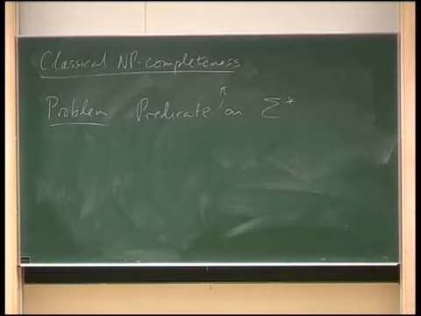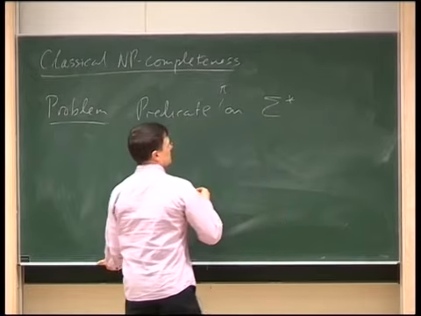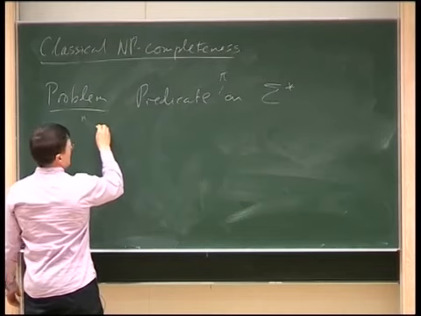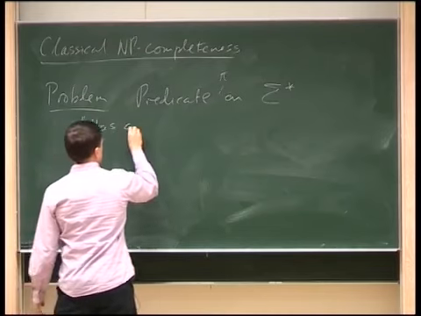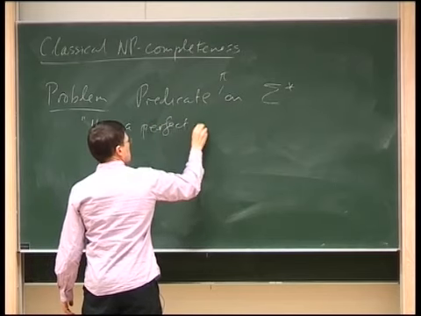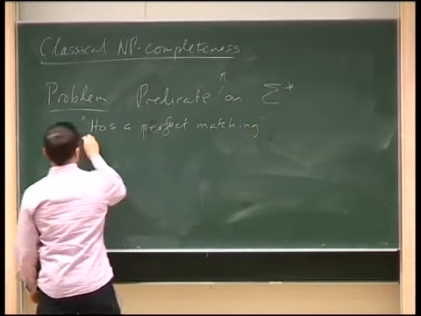So for example, let's take as our examples: has a perfect matching, and has a Hamilton cycle.